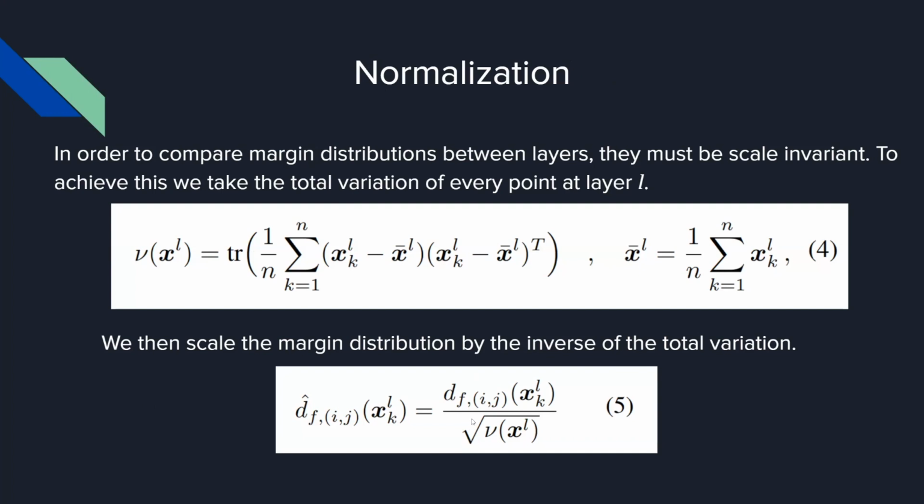That gives you a normalization constant. I've tested it and it works. It causes the margin distributions to be very well behaved and comparable to one another and also within models. This is not that important, just know that it's there.